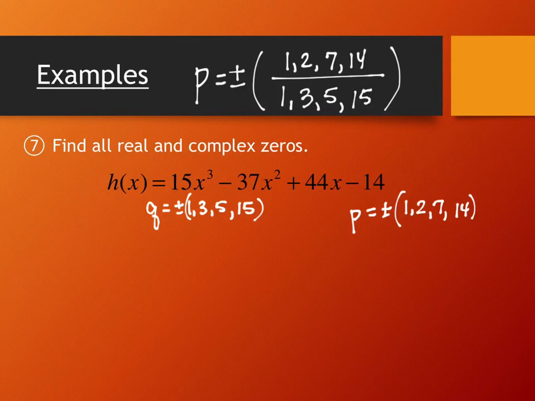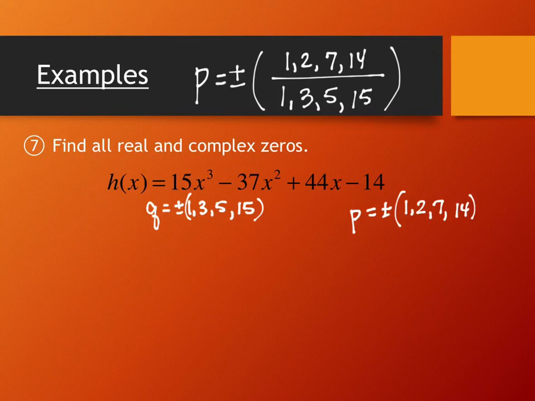All right, so let's utilize our calculator and see if it can help us choose a good value. All right, so we're going to put in 15x cubed minus 37x squared plus 44x minus 14.